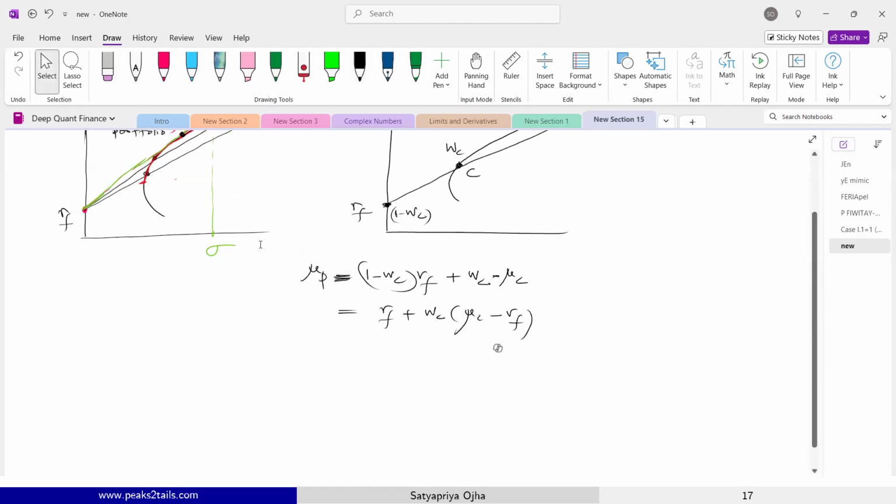And for sigma P, remember the risk-free asset has no volatility and there is no correlation.